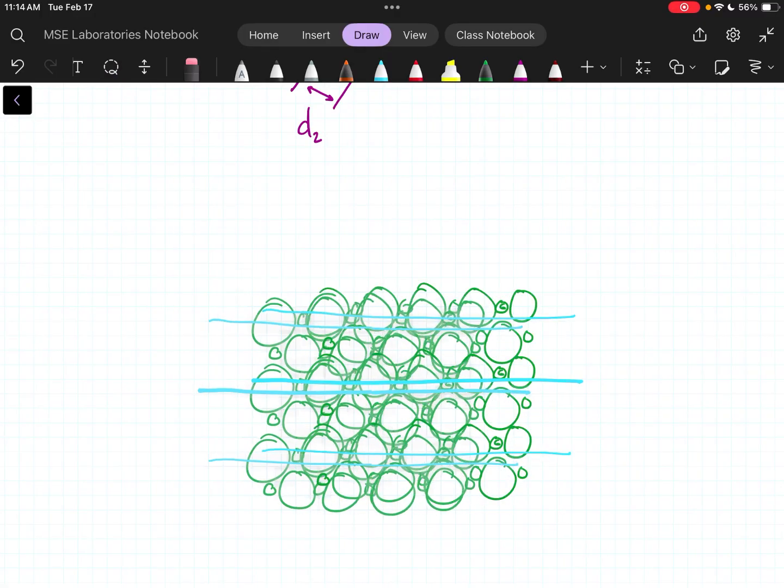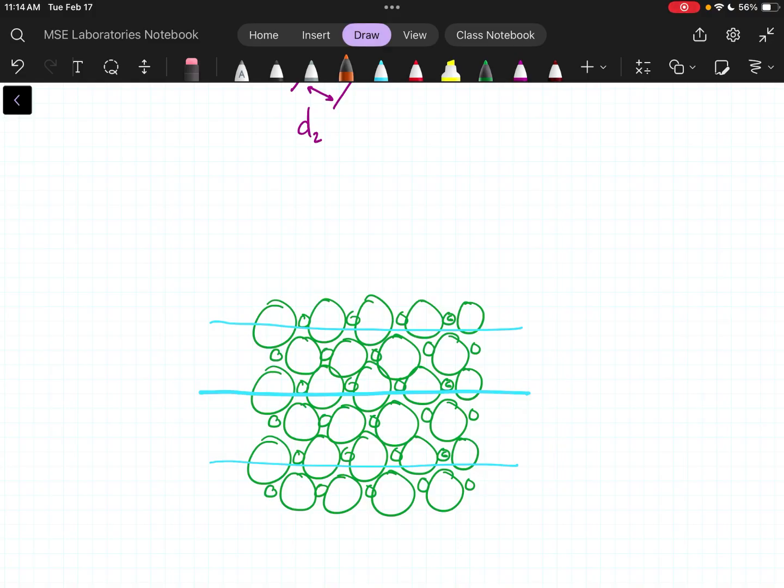Now I'm going to put this crystalline material into an XRD. And I'm going to have X-rays of some known wavelength coming in at some known angle. From this point forward, I'm going to draw the X-ray as a line.